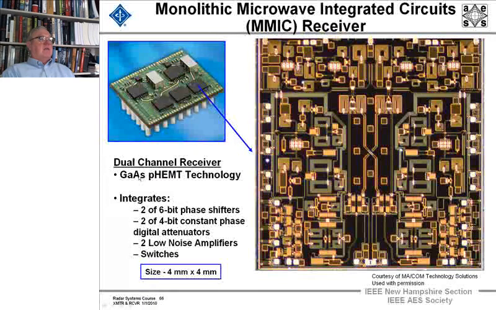It's made with gallium arsenide pHEMT technology, and this integrates 2 6-bit phase shifters, 2 4-bit constant phase digital attenuators, 2 low noise amplifiers and switches, all in microwave integrated circuitry inside this transceiver. And each of these other elements also have that same level of integration.